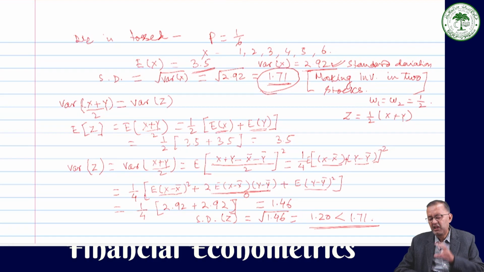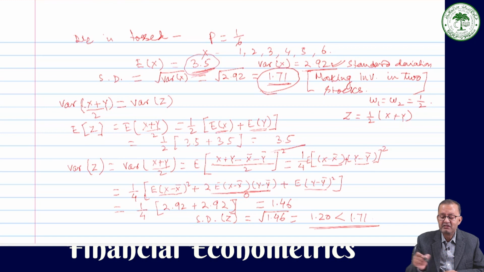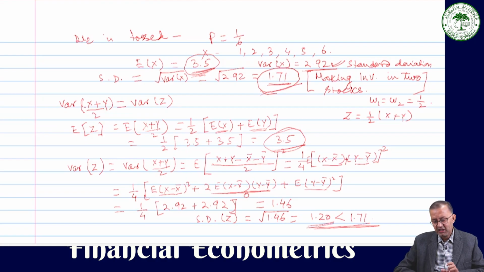Our simple inference is that if we are making investment in a portfolio, the average return remains the same as in a single asset, but the volatility or the risk factor has reduced from 1.71 to 1.20. This is the case when investment has been made into a portfolio.